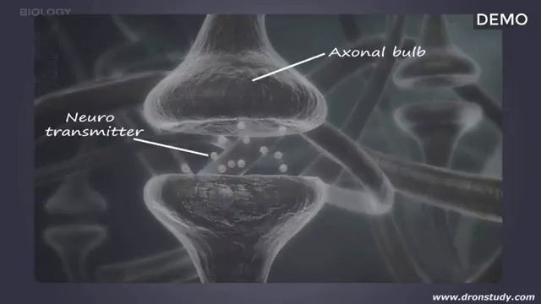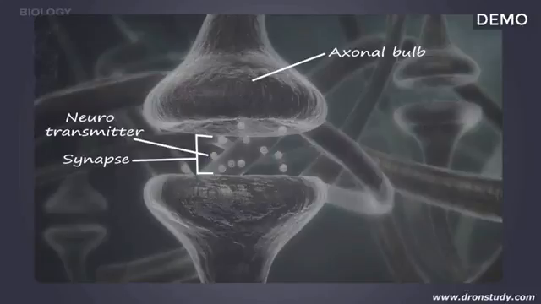The swollen tip is the synaptic knob and inside that there are synaptic vesicles. Now the gap between the two synaptic knobs is called the synaptic cleft.